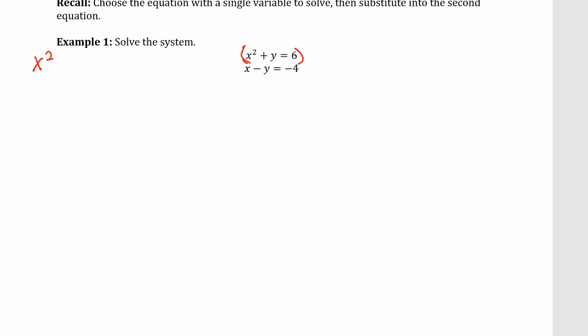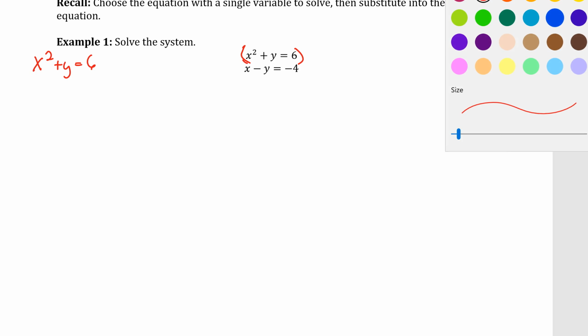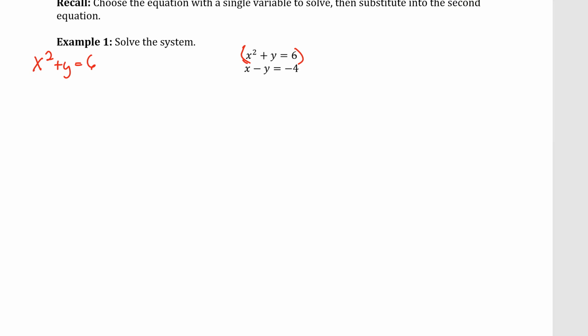So I've got x squared plus y is equal to 6. So I'm going to subtract the x squared from both sides, and I will get that y is equal to negative x squared plus 6. So now I'm going to plug this in for the y of this second equation.